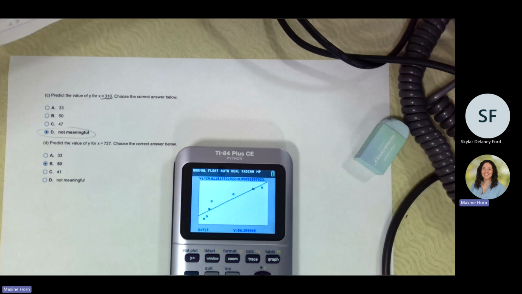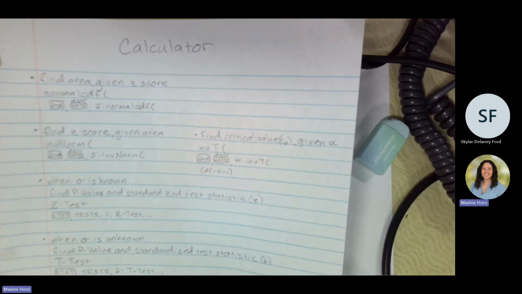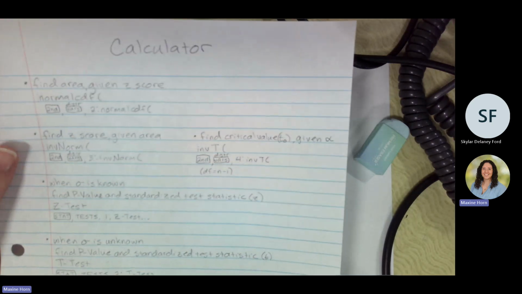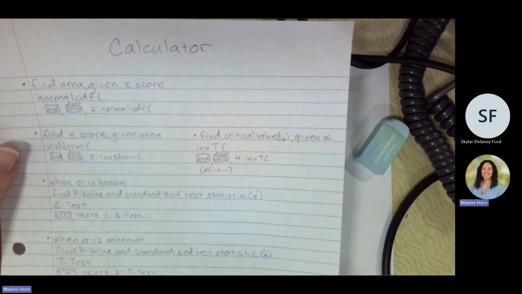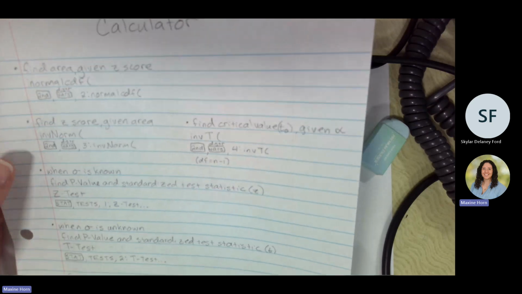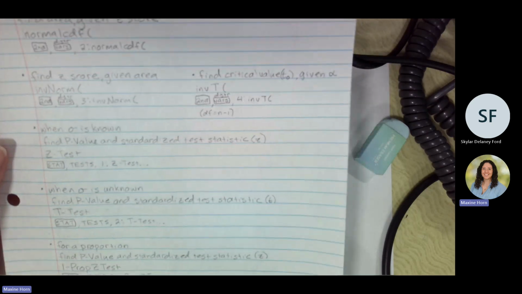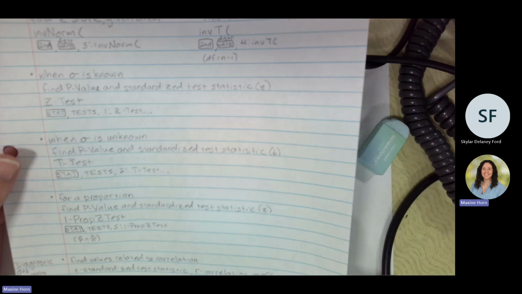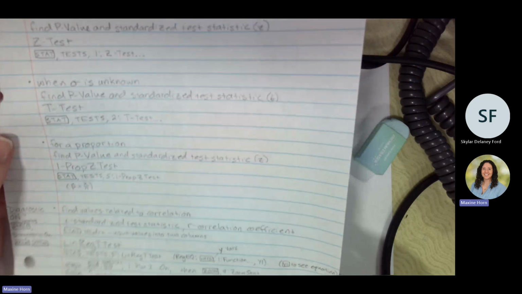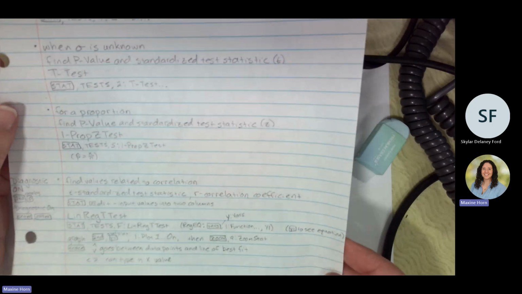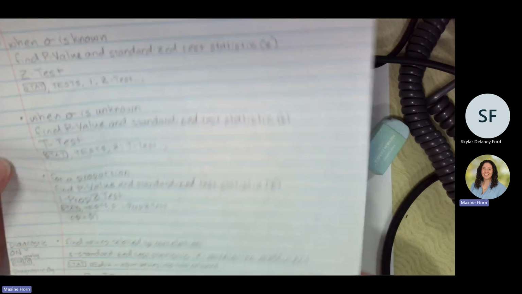Just keep doing your practice, and if it helps you, it definitely helps me to make notes like this about where to find things in the calculator and how to know when to use which calculator menus. These are all really useful. I might do a scan of this.